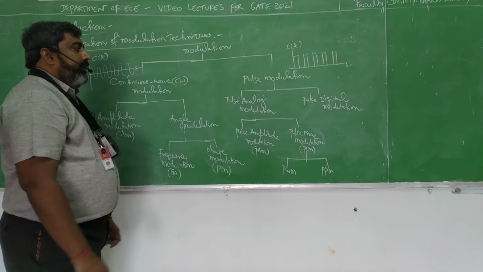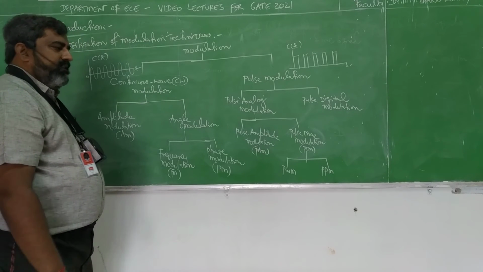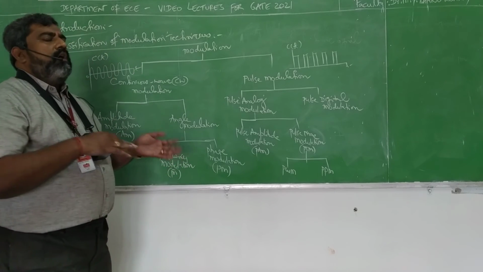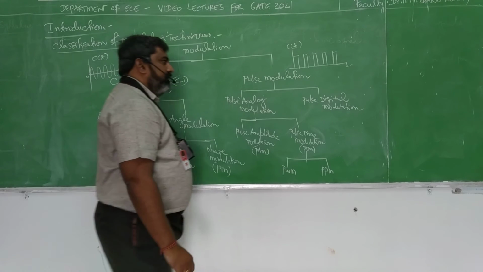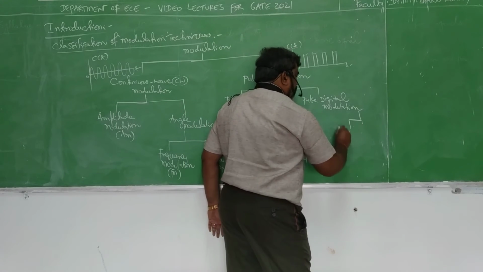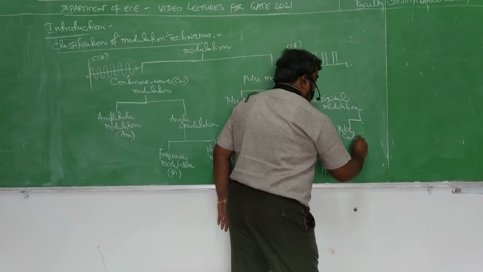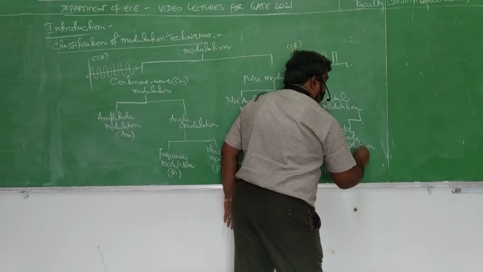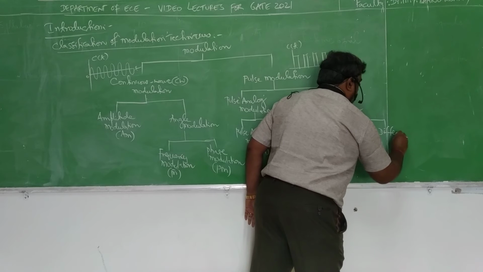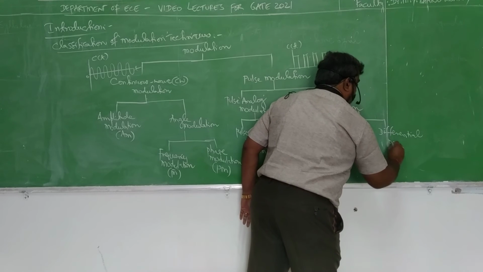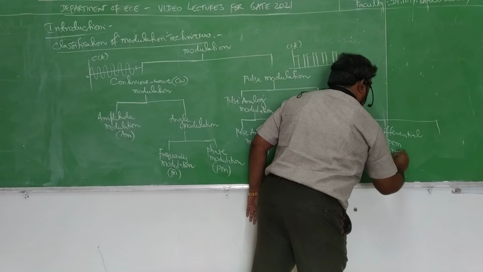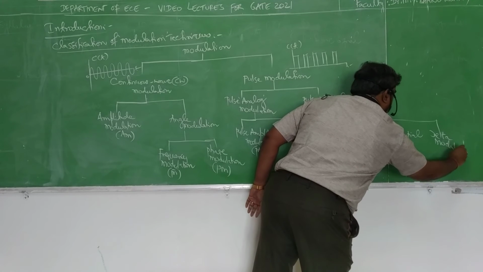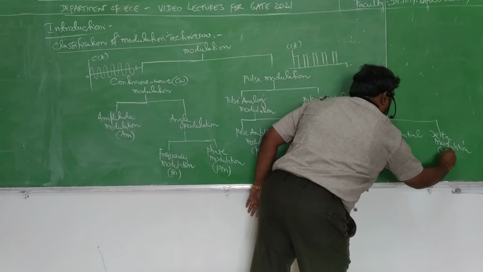Then the next one is pulse code modulation techniques. These convert an analog signal into a digital signal completely. Here we have 3 classifications: one is pulse code modulation, PCM; then differential pulse code modulation, DPCM in short; and the third one is delta modulation, in short called DM.